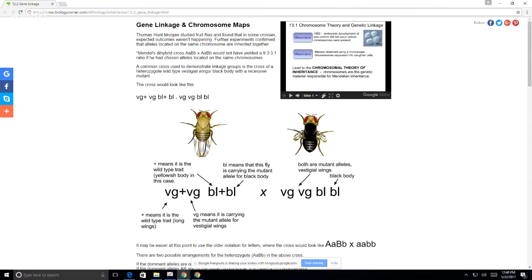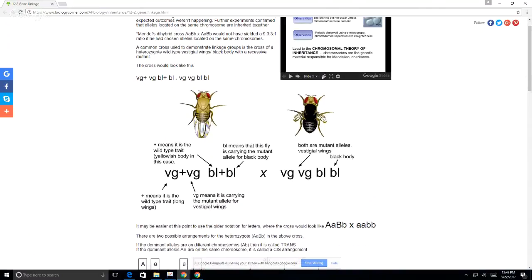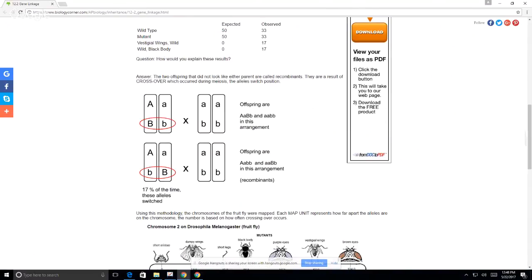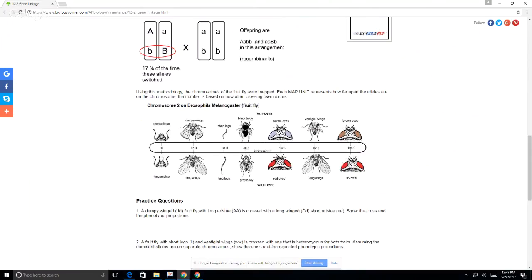Okay. They have only 4 pairs of chromosomes. If we look at chromosome number 2, one of the things you see here is that there are many different genes on it. For example, black body versus gray body, purple eyes versus red eyes, long wings versus vestigial wings.